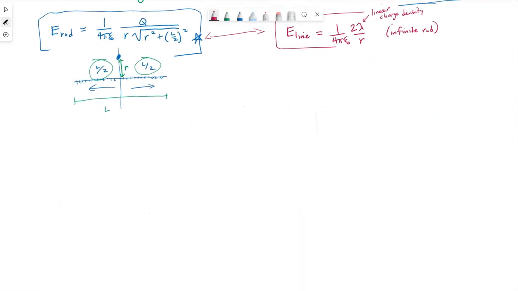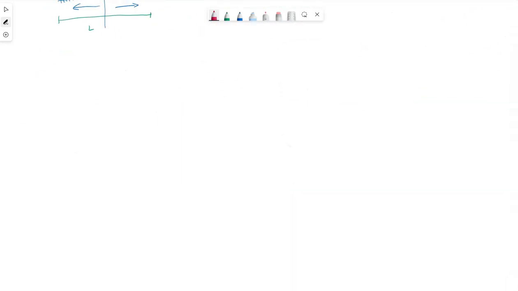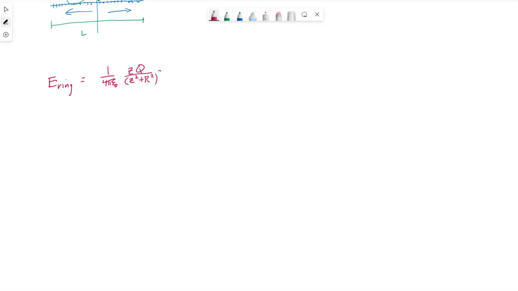The next line in the test notes that we have is for the ring and also for a disc. So in the previous video, we derived this equation for the ring. It says specifically on the z-axis. Recall that the z-axis always represents the axis that goes through the absolute center of the ring.